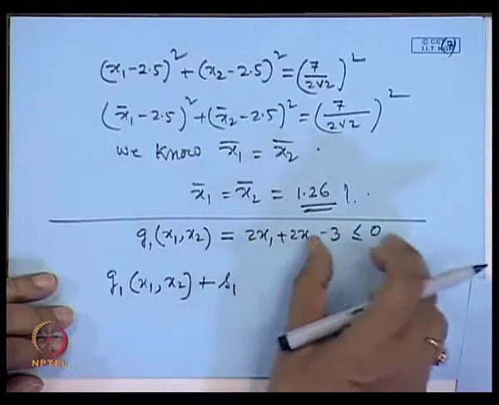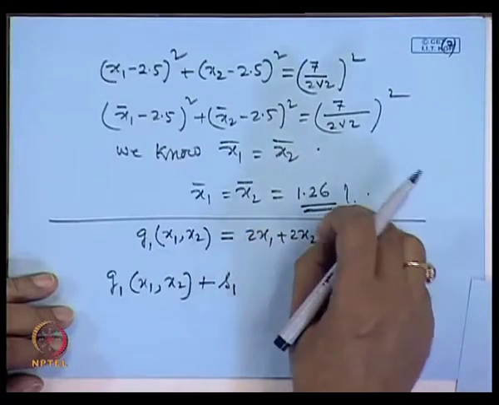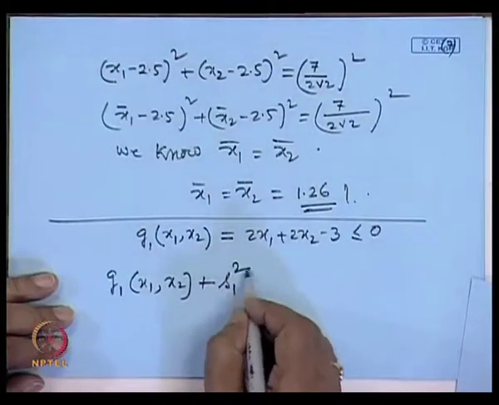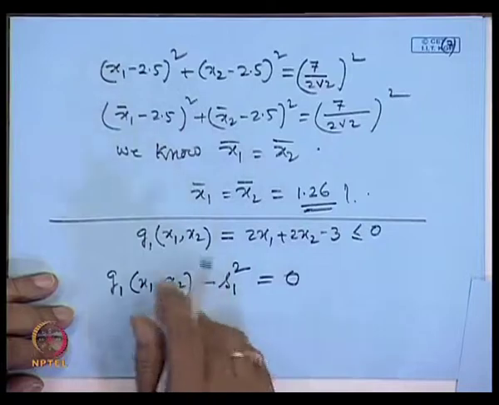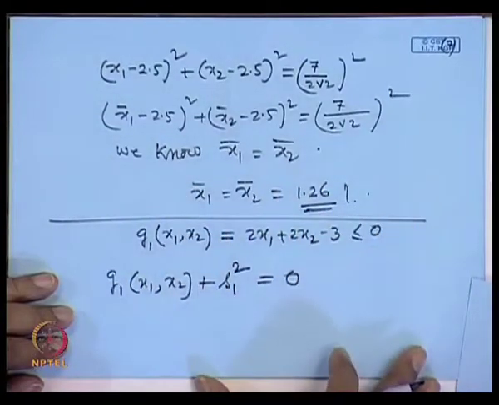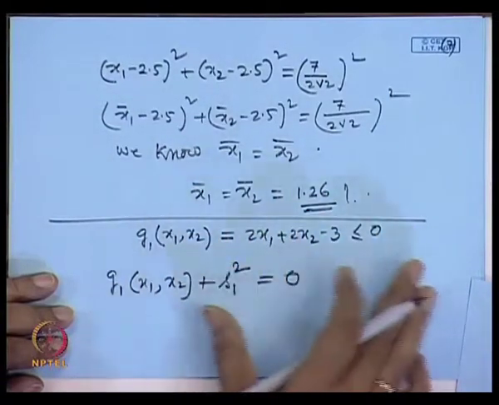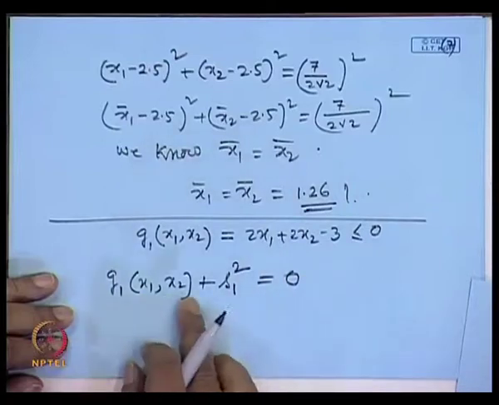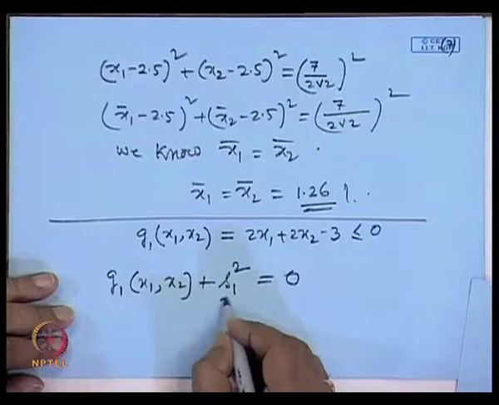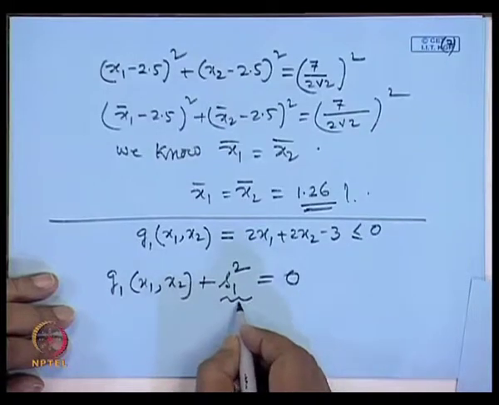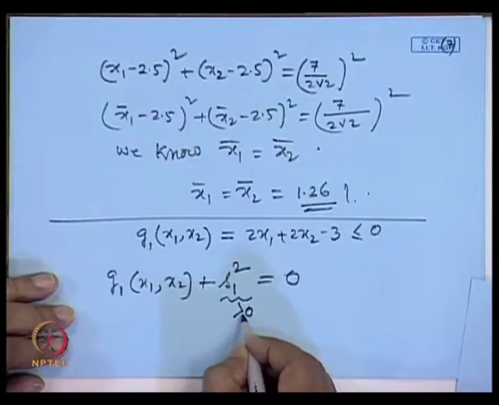Because this is less than 0, meaning a negative term, I have to add some positive term to make it equal to 0, agree? So, any inequality constraint I can always write as this plus some positive quantity, which is greater than or equal to 0.